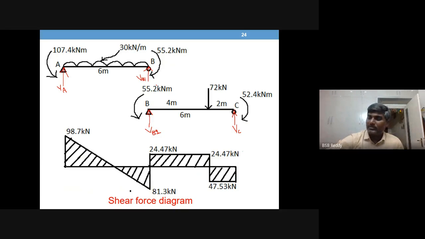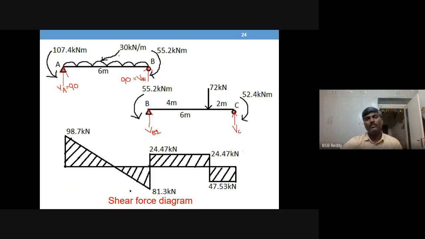Okay. So first, let us take UDL. What will be the reaction from UDL? So what is the total load? 6 into 30, 180. Okay. Half of the load goes to support A. That means 90, equal share for both the supports, 90 and 90.